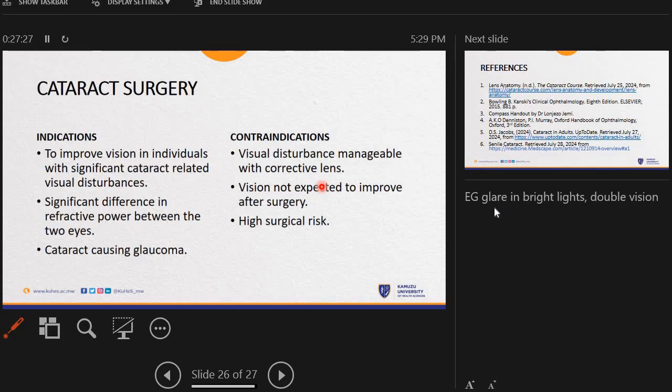But the contraindications include visual disturbance manageable with corrective lens, vision not expected to improve after surgery, high surgical risk. So you can just manage these patients conservatively.